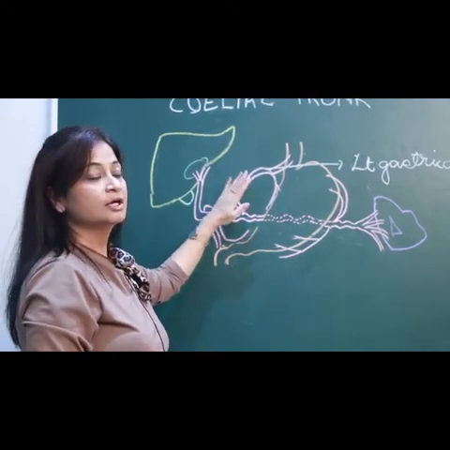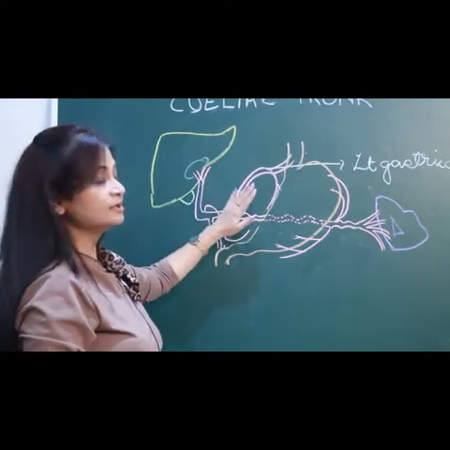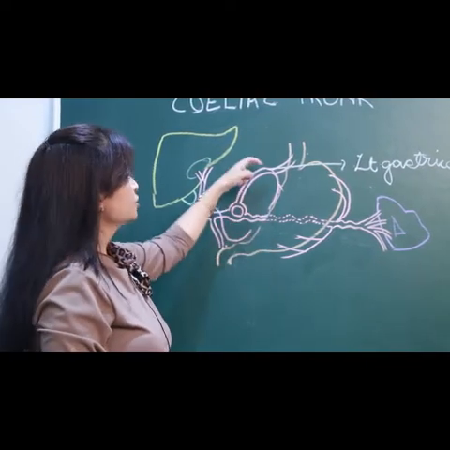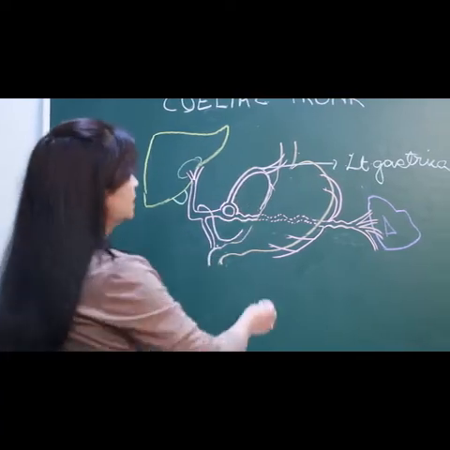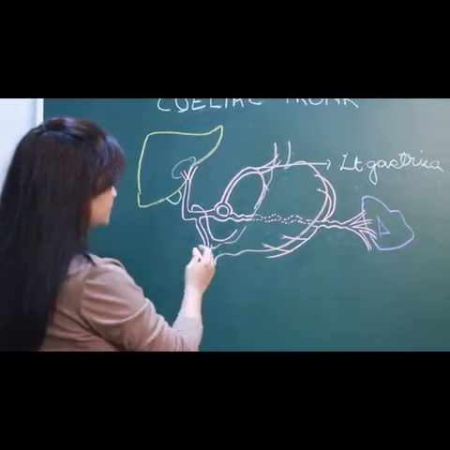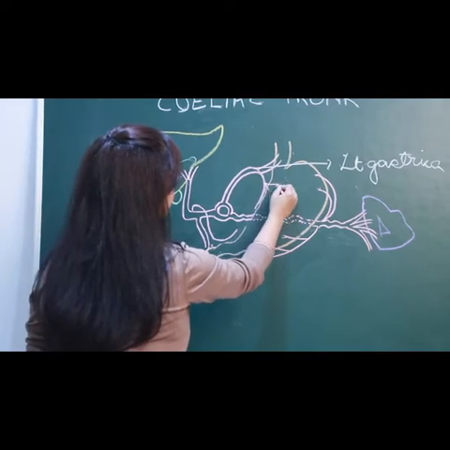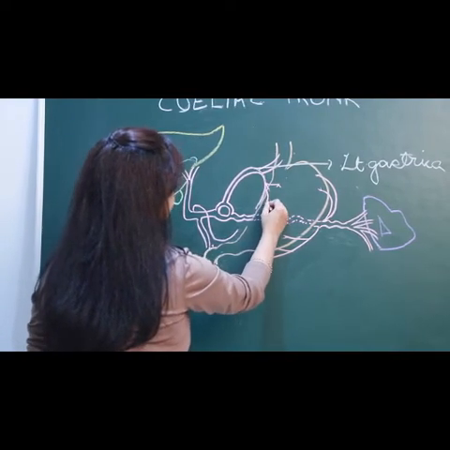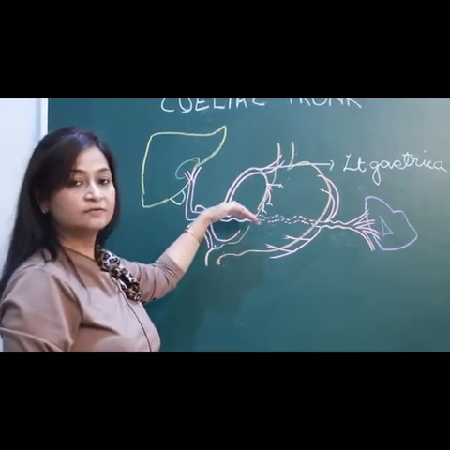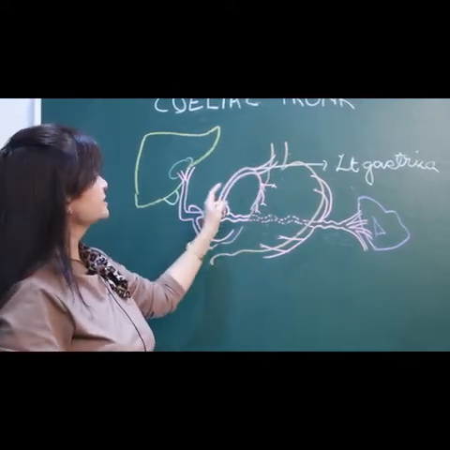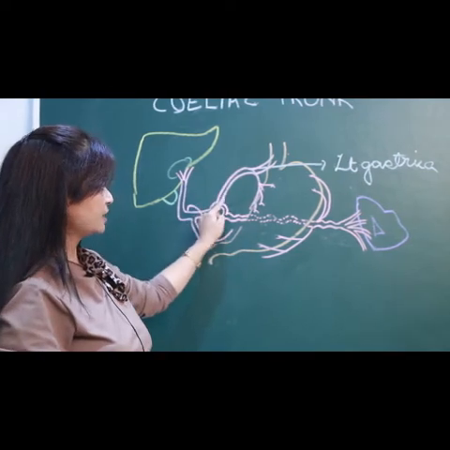which we know runs between the liver and the lesser curvature of the stomach. So it will now enter and run in the lesser omentum along the lesser curvature of stomach and provide gastric branches through its course. So you can say that the upper part of the lesser curvature of the stomach is supplied by the left gastric artery.